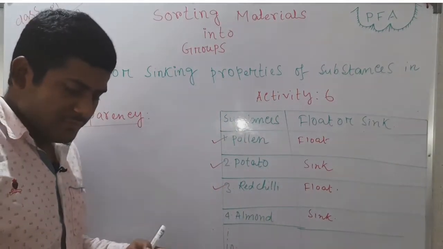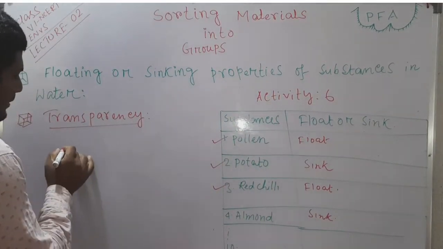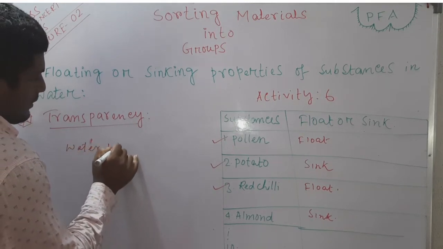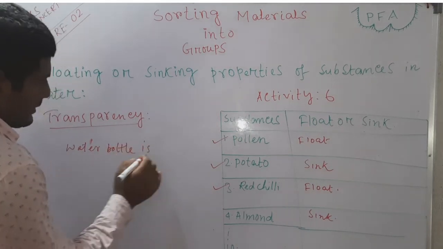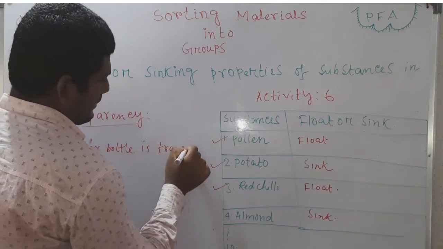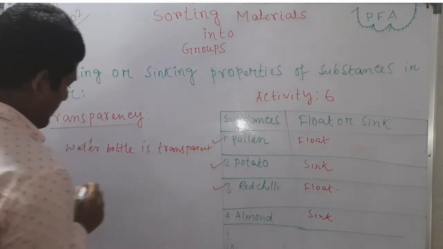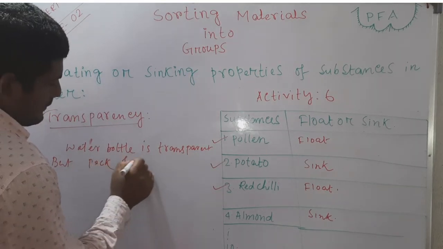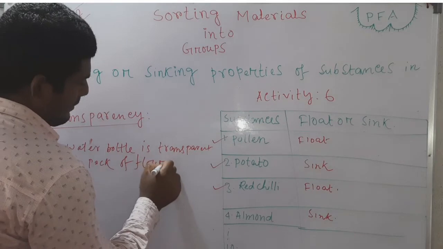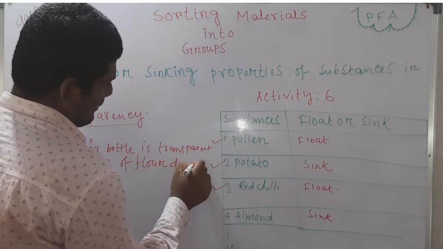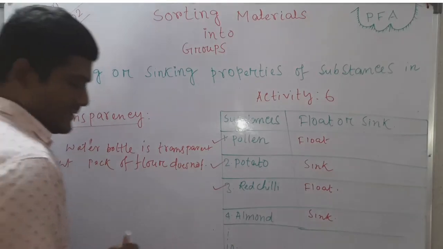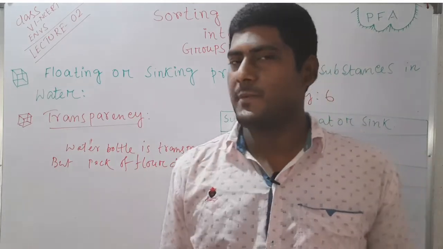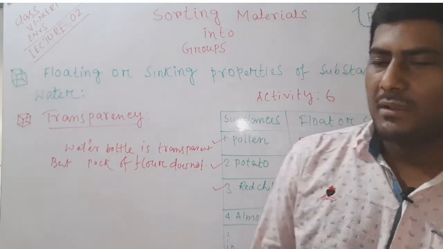So from these two examples, you can say that the water bottle is transparent, but the packet of flour is not. So this is all about transparency of material. We learned another property of material, which is the transparency property.